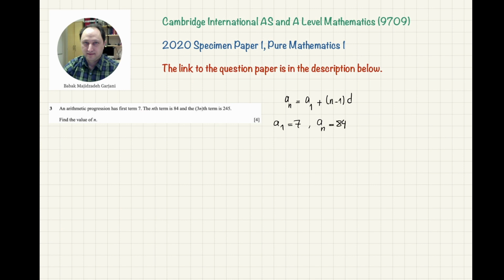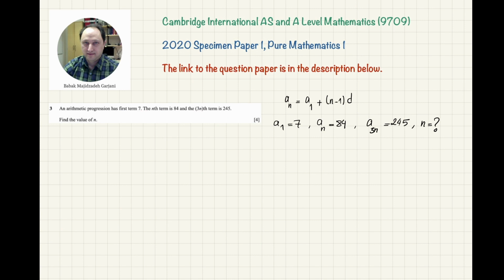And the 3nth term is 245. So what does it mean? It means that A sub 3n is equal to 245. And now I am supposed to find the value for n. That is actually a repetition of the question, putting it in a nice form.